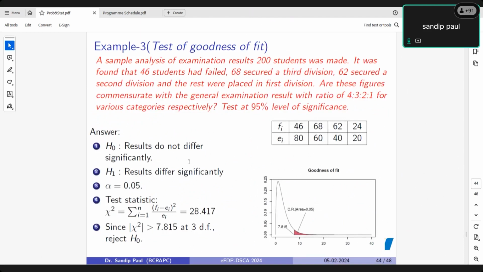This is generally used to test the goodness of fit, or if we want to compare 2 types of data, such as the quality of students in different colleges, or the marks obtained by students in different subjects. In those cases, we can apply the chi-square distribution. The number of steps in the test are the same, and the concept is also the same.